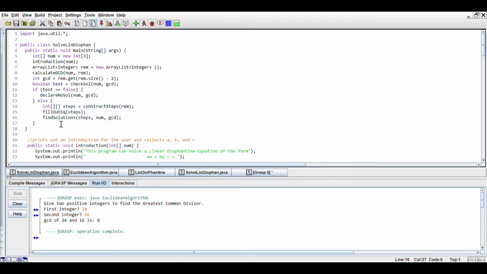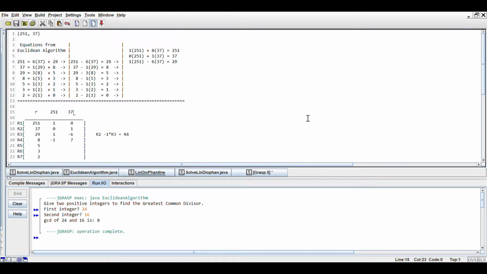So here we have, let's take the example of 251 and 37. These equations on the far left all come from the Euclidean algorithm. And then we can solve each of them for the number on the right-hand side, and that number is the remainder. So it is saved in the array list called rem, which also includes 251 and 37 at the beginning.